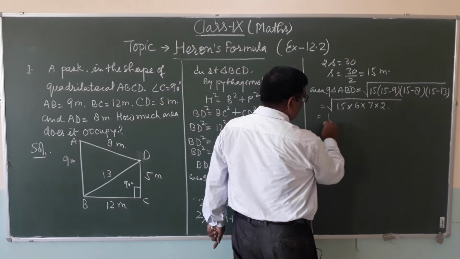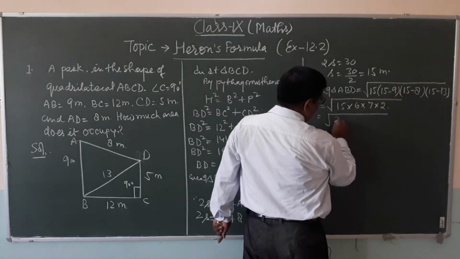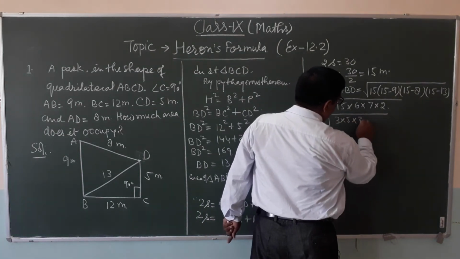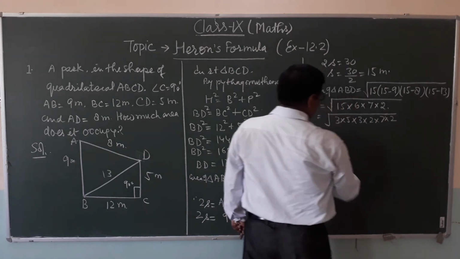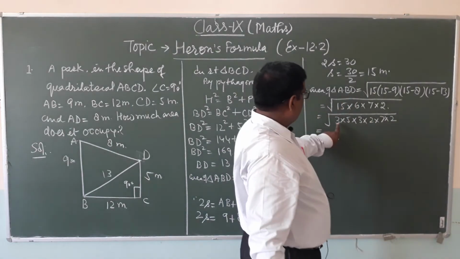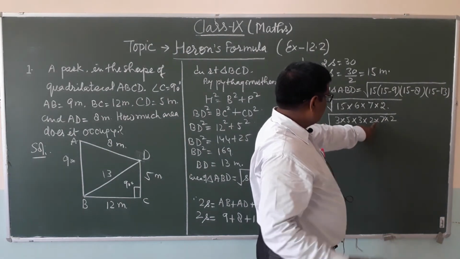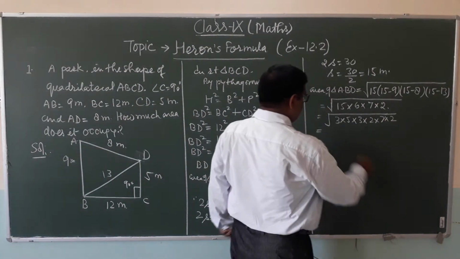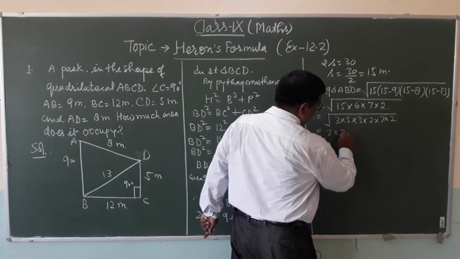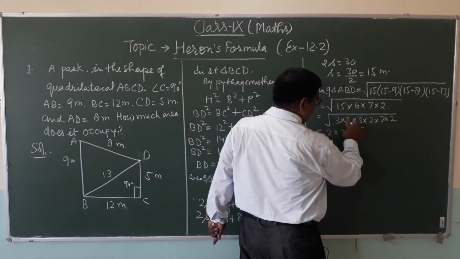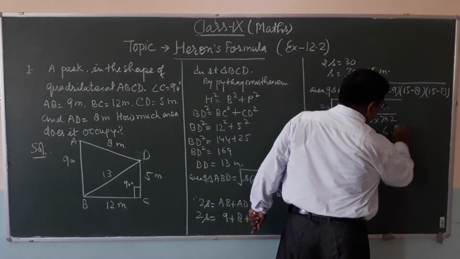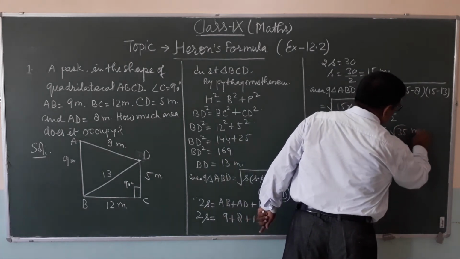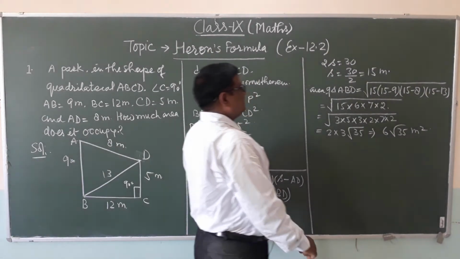Now we write this as 3 into 5 into 3 into 2 into 7 into 2. Taking the pairs out, 2 into 3, root over 7 into 5 is 35, which implies 6 square root 35 meter square.